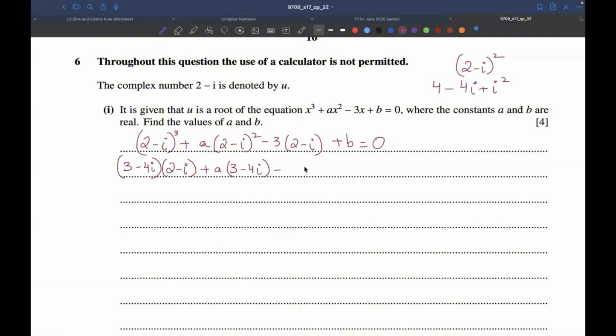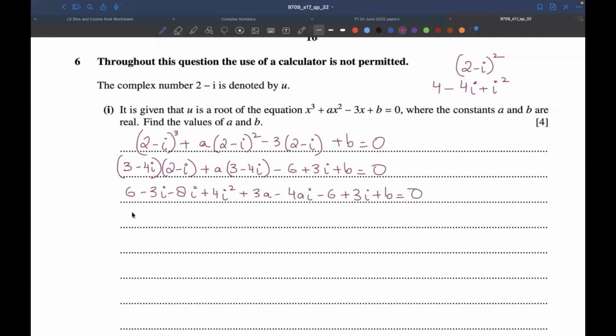This will become -6 plus 3i plus b is equal to 0. Expanding this, we'll get 6 minus 3i minus 8i plus 4i square plus 3a minus 4ai minus 6 plus 3i plus b equals 0.